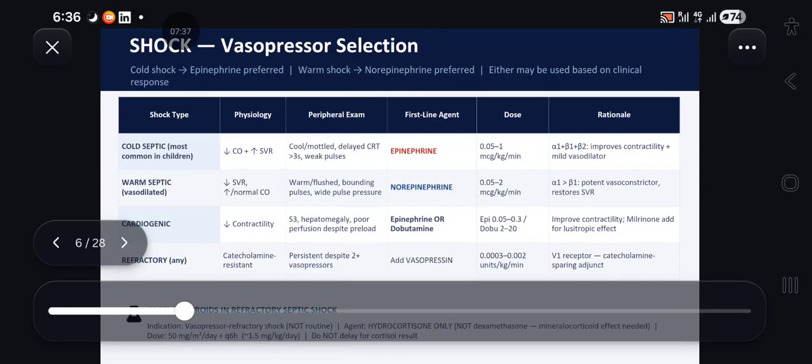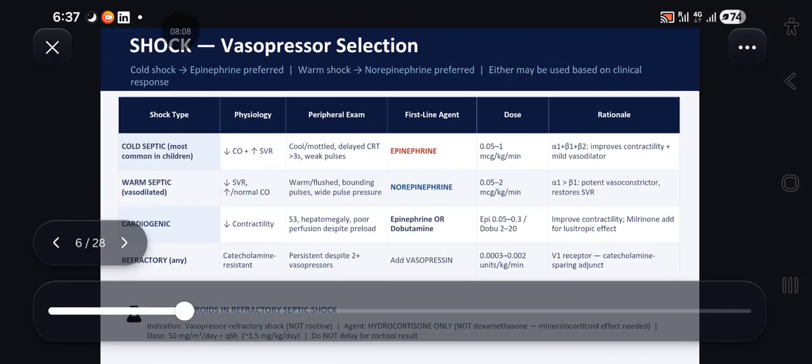But for pediatrics, mainly from clinical practice, they also preferred milrinone because dobutamine has some concerns. Epinephrine, dobutamine or milrinone will increase the contractility. Dose of epinephrine 0.05 to 0.3 microgram per kg per minute, dobutamine from 2 to 20.